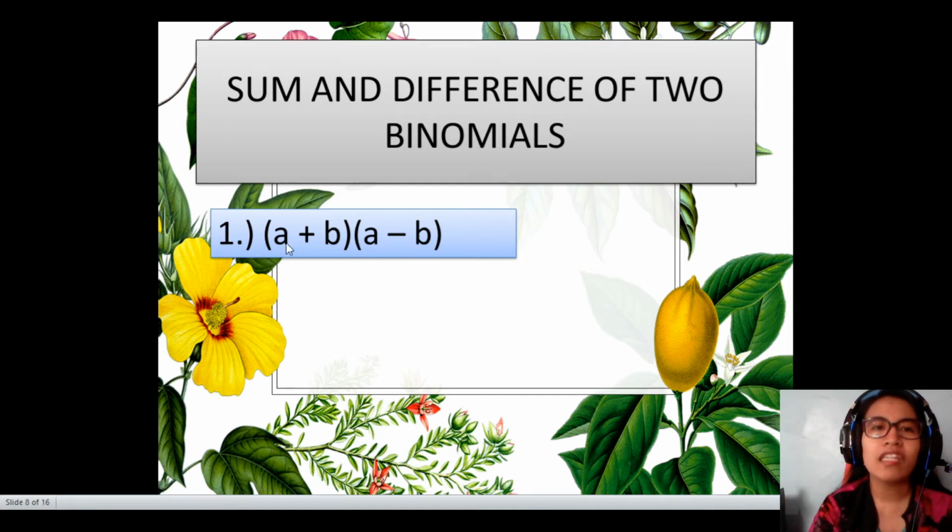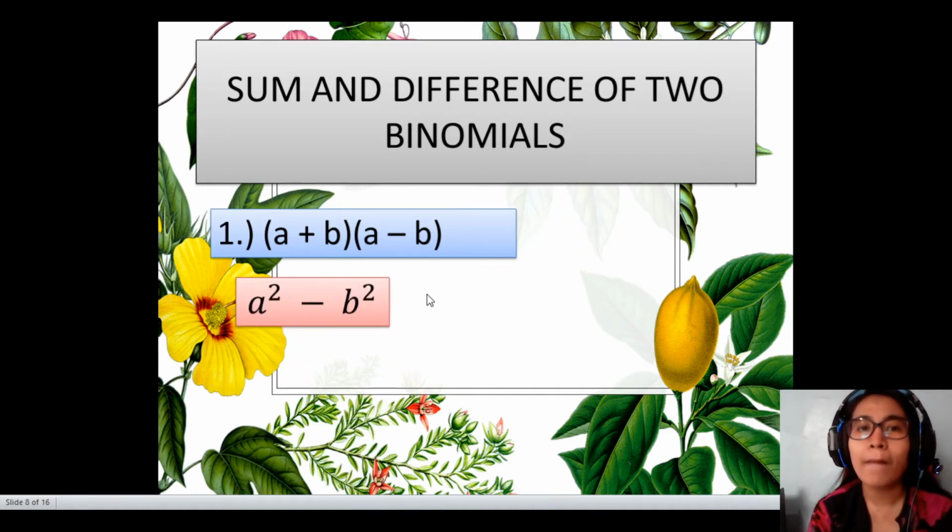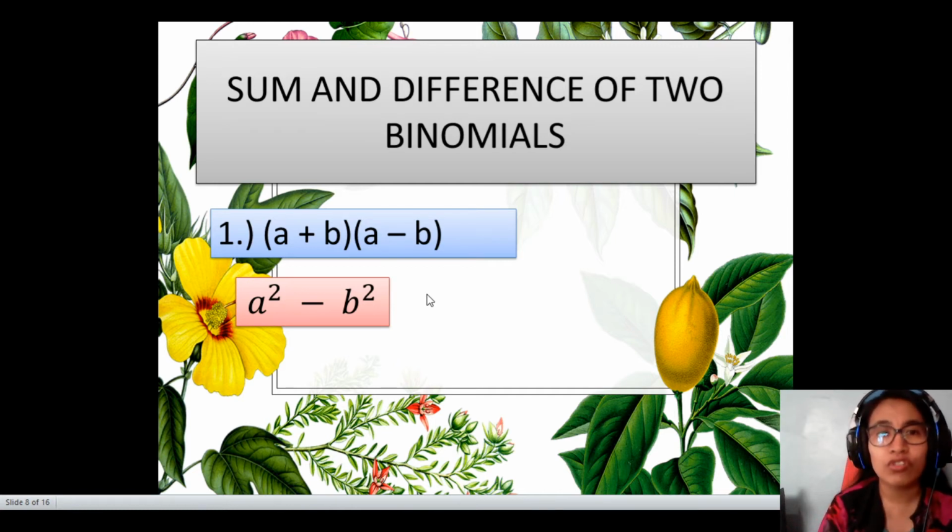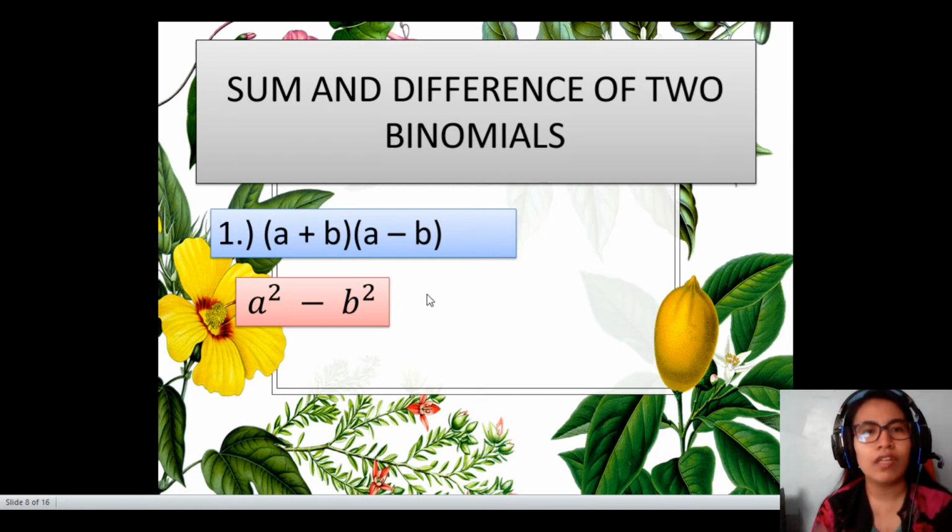So we have a times a will give us a squared, positive b times negative b will give us negative b squared. So therefore our answer will be a squared minus b squared, and its answer is always minus. A squared minus b squared or whatever, your sign will always be negative in the middle.